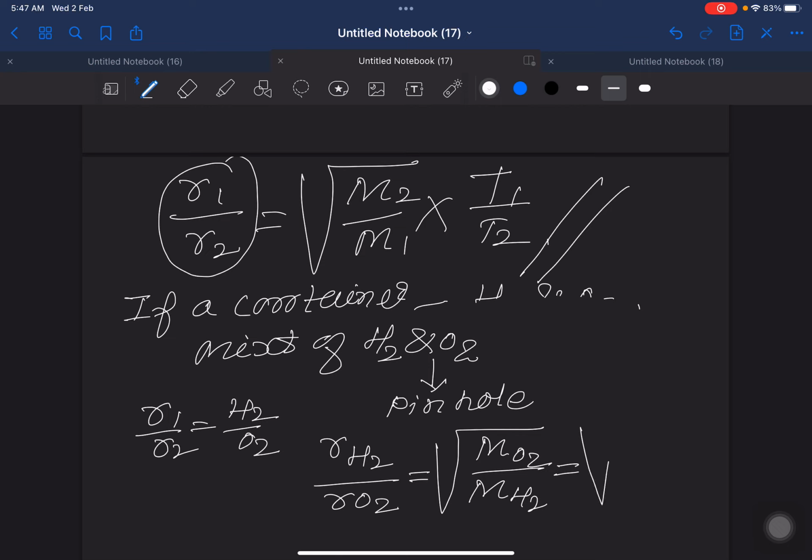That's equal to 32 divided by 2. That's equal to under root 16.